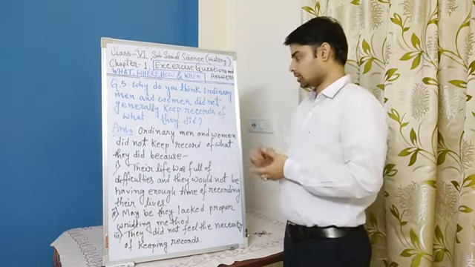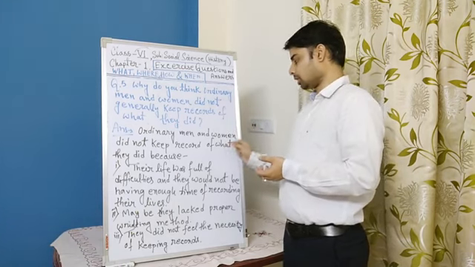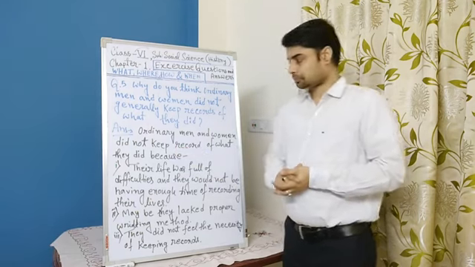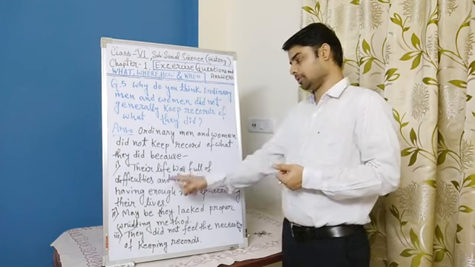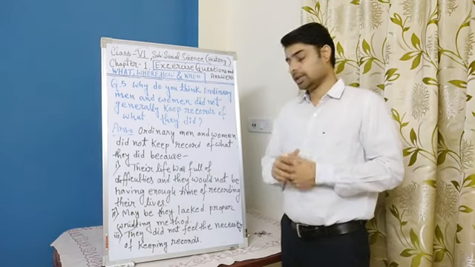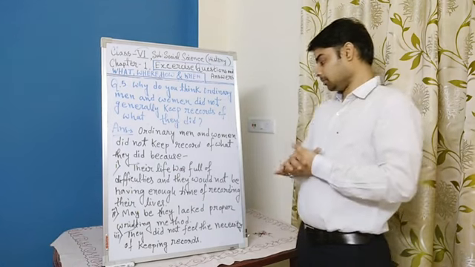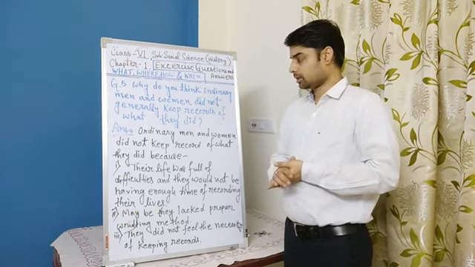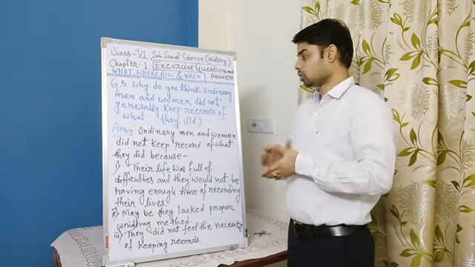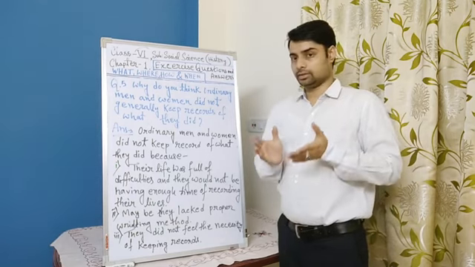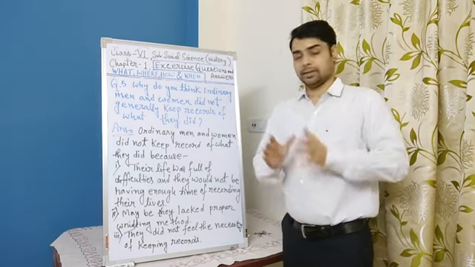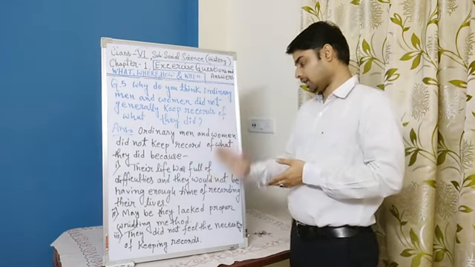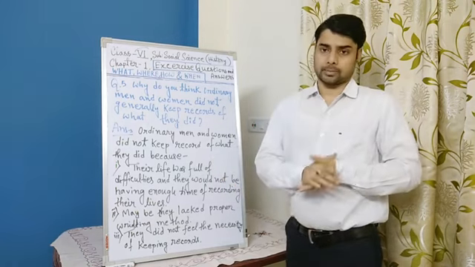Now the answer is that ordinary men and women did not keep record of what they did because, point number 1, their life was full of difficulties and they would not have had enough time for recording their lives. This is point number 1.